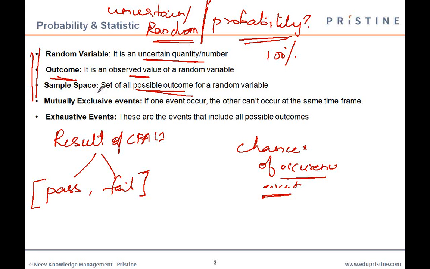A set of all outcomes which are possible for a random variable together is called a sample space. So in the example that we have seen so far, the result of a CFA Level 1 exam is a random variable because it's uncertain. It can take two possible outcomes, passing or failing. Together, these two outcomes, passing or failing, are called the sample space. Okay?